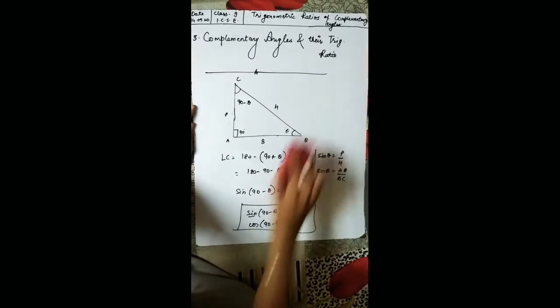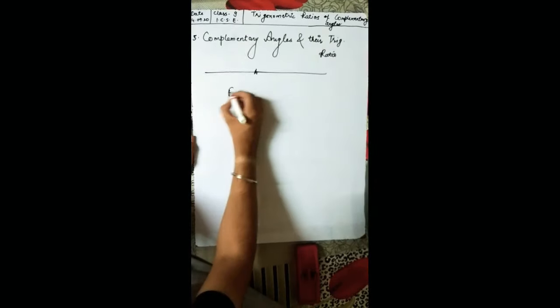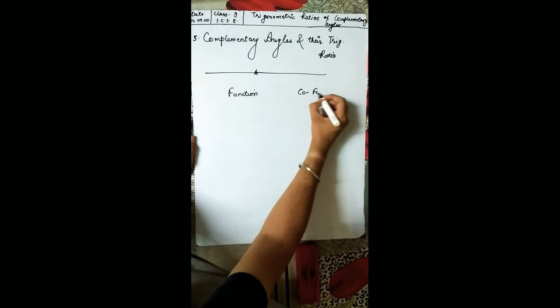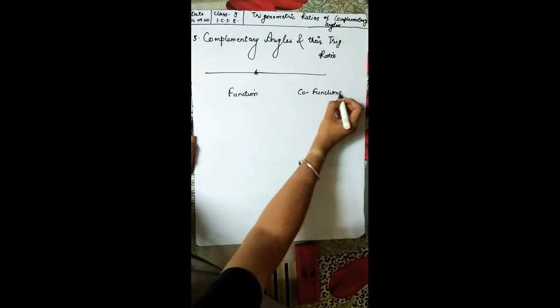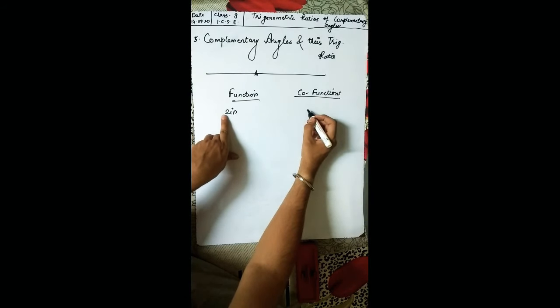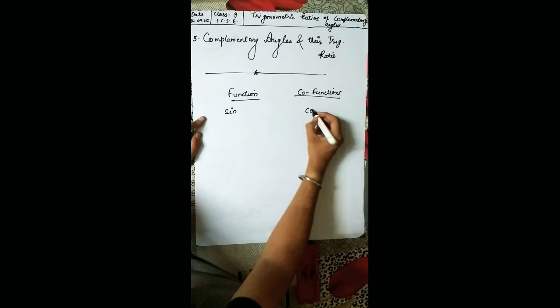You have to write another thing: how a function changes into its co-function. So after writing this, you write function and co-functions. Now I'll tell you what functions and co-functions are. If you take sine, then the co-function is with CO in front of it, so you get cosine, or we call it only cos.